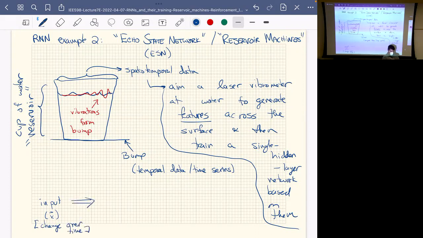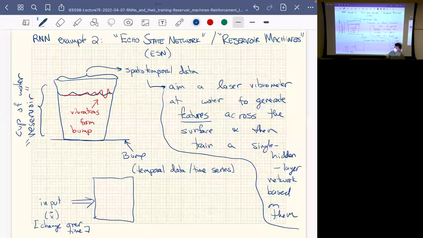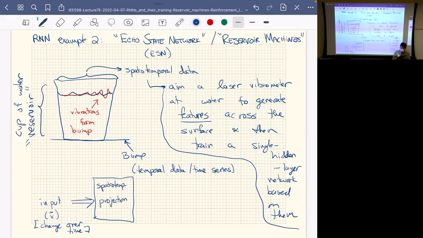It then gets filtered, a spatiotemporal projection, and that single input in time generates a feature vector, which can connect to a single hidden layer network, which then produces an output.